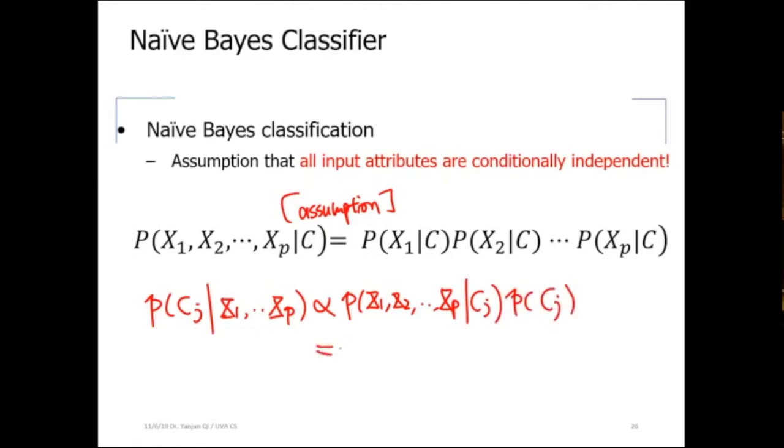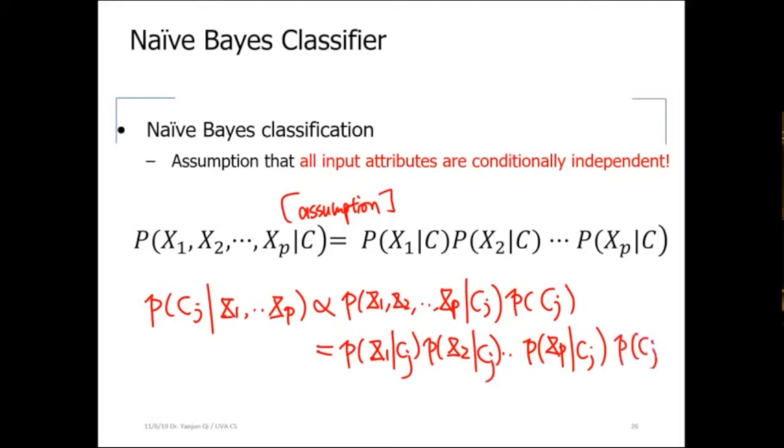Now it's equivalent to P(x1 | cj), P(x2 | cj), until P(xp | cj), for the specific cj, and then times P(cj).